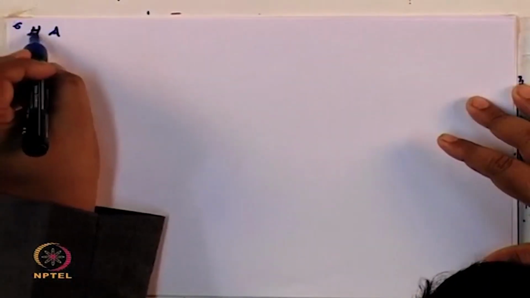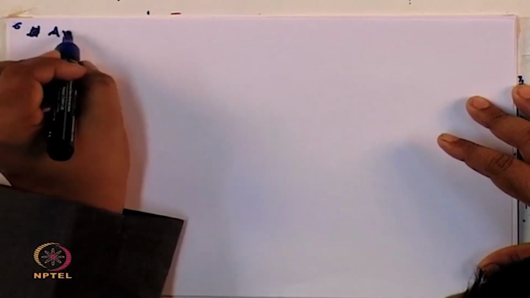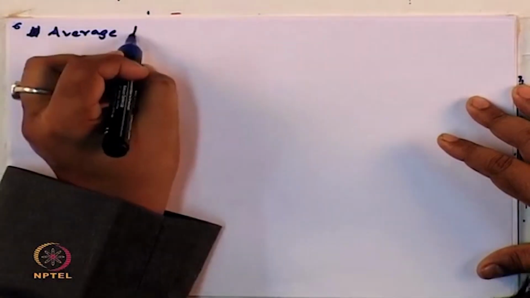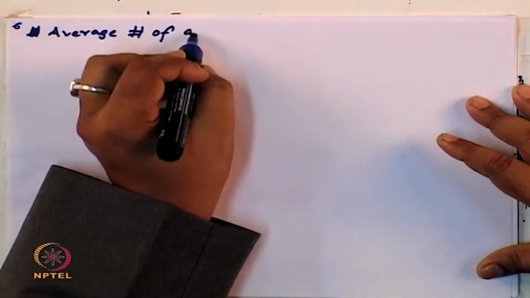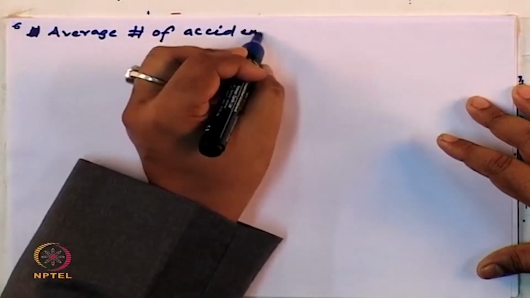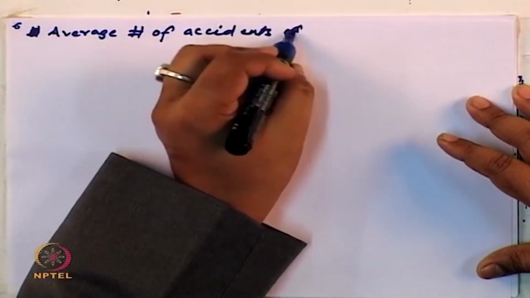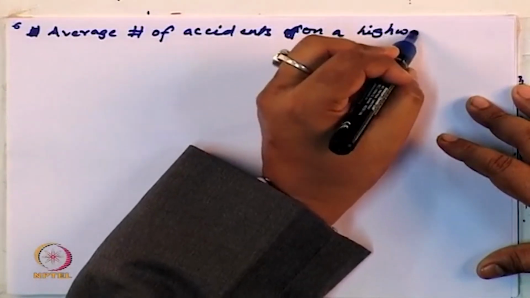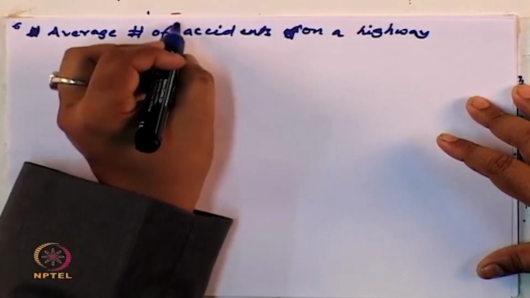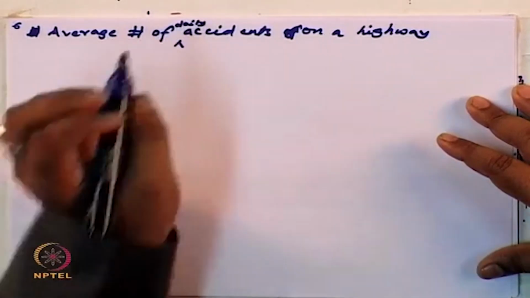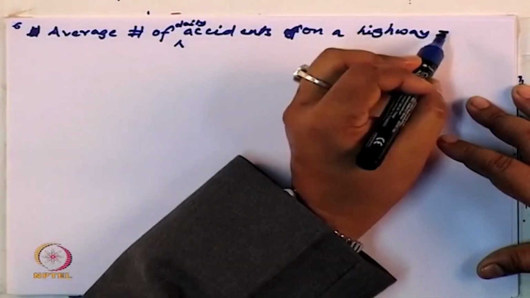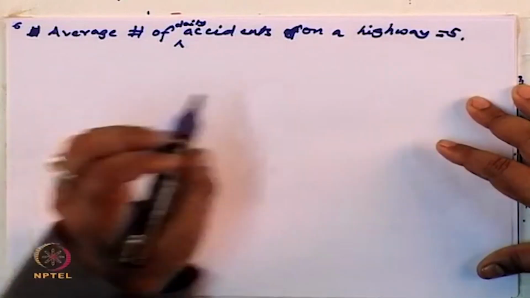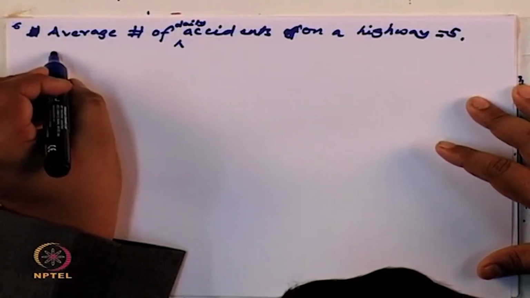So, let us assume that the average number of daily accidents on a highway is equal to 5.